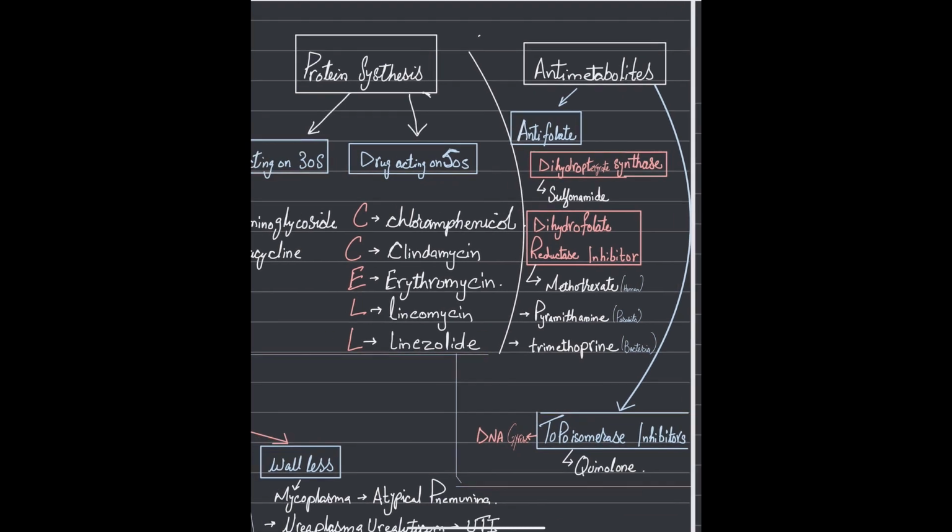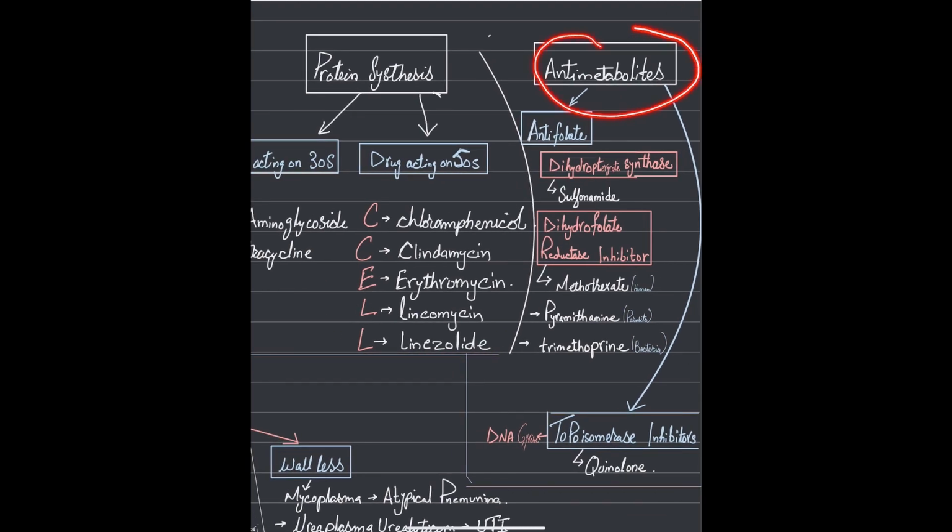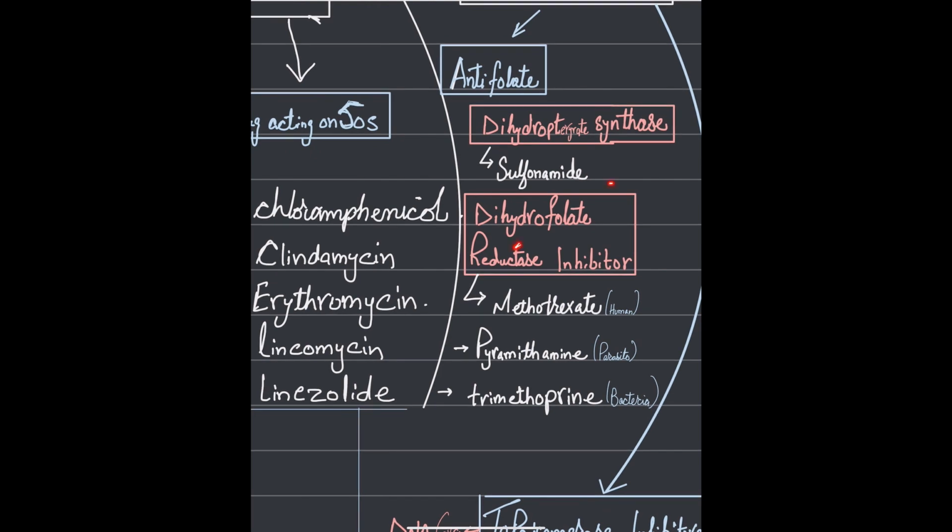So let's go to another one: anti-metabolites. We divide anti-metabolites first into antifolates, and antifolates are further divided into two: dihydropteroate synthase inhibitors and dihydrofolate reductase inhibitors.